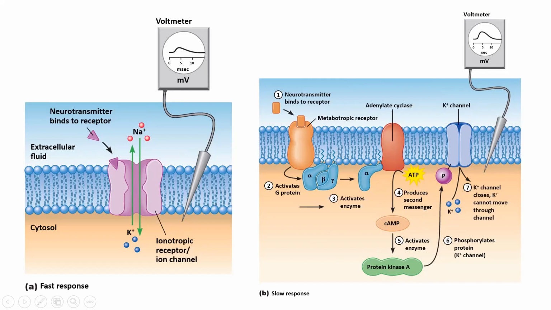And again, depending on what type of channel we open or close, that will determine whether an IPSP or an EPSP is generated on that adjacent neuron, okay? And that's the crux of the difference between the fast response and the slow response.